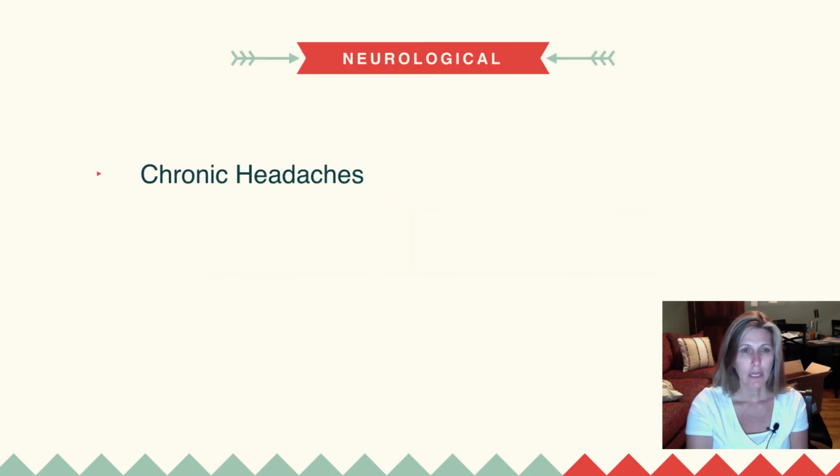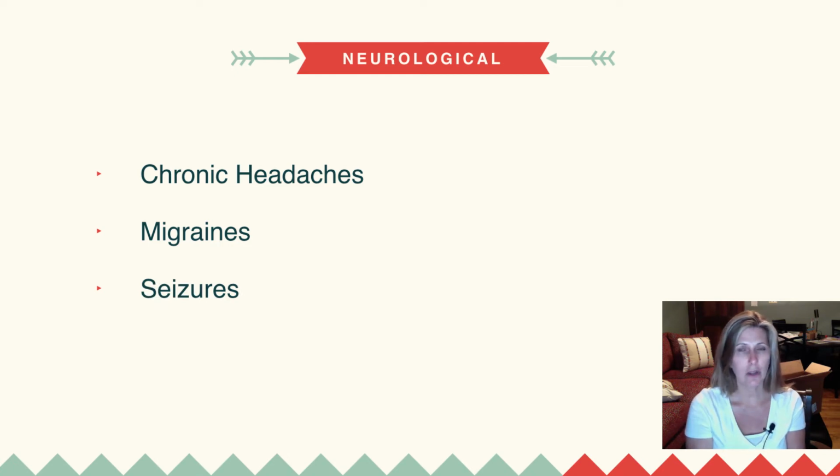Neurological symptoms: chronic headaches are extremely common to go away once gluten is out of the diet. Migraines, seizures, and yes, if I didn't know better, I wouldn't believe that gluten can cause seizures.